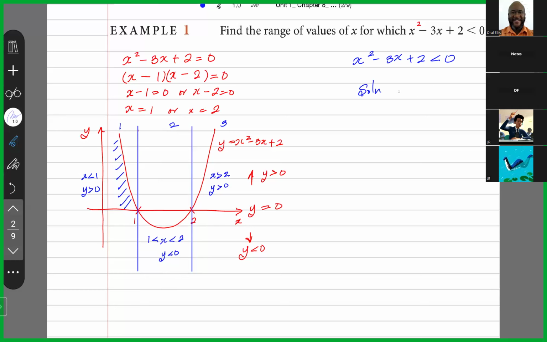Our solutions are x is less than 2 but greater than 1 are the values of x for which x squared minus 3x plus 2 is less than 0.